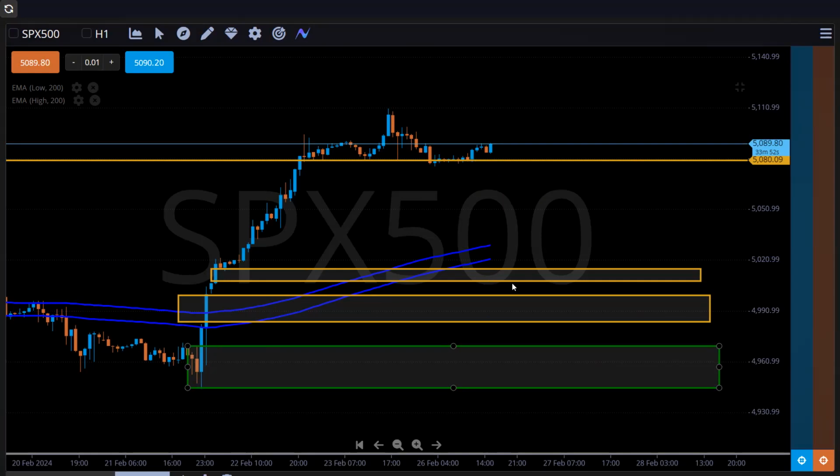We want price to come down here so we can buy. Which one do we as people think? We buy at the discount or do we buy at a premium? We would buy at the discount, right? So the discount would be the area closest to your demand zone. Your premium is your area closer to where price is at, closer to the top, where your supply would be at.